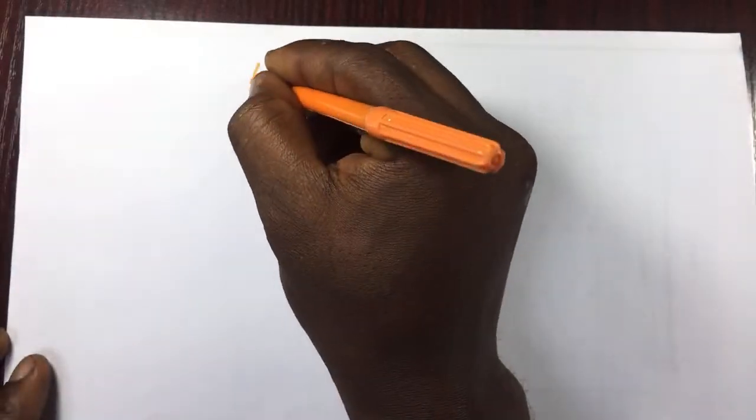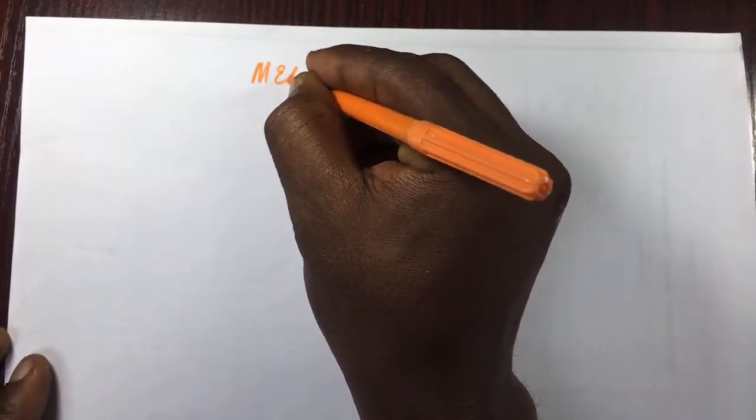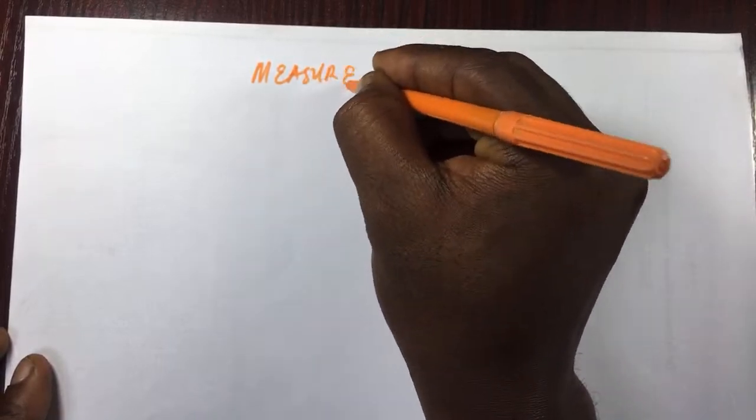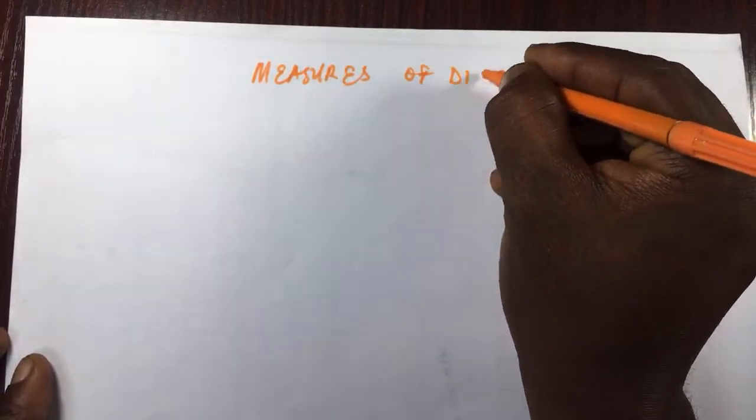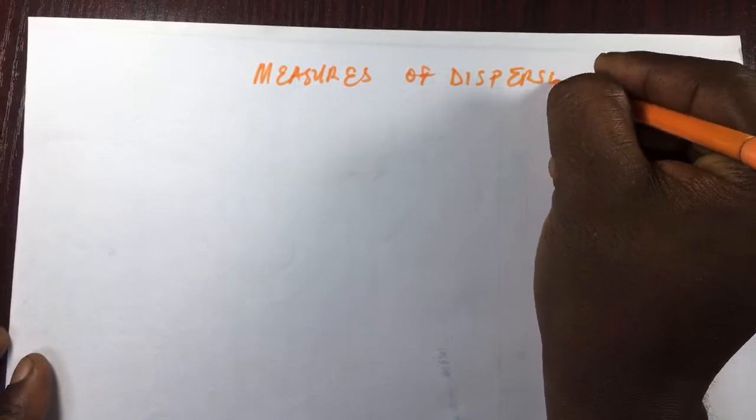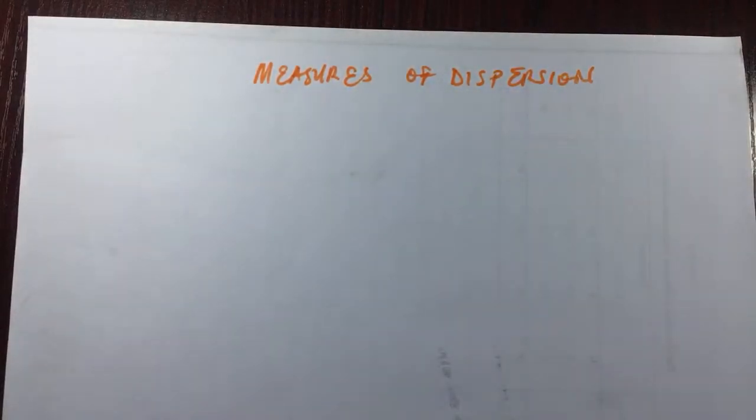Today we shall be looking at measures of dispersion. Okay, so that will be the focus of today's video, measures of dispersion. I'm going to quickly write here measures of dispersion. So we shall begin this video with answering the question, what is a measure of dispersion?